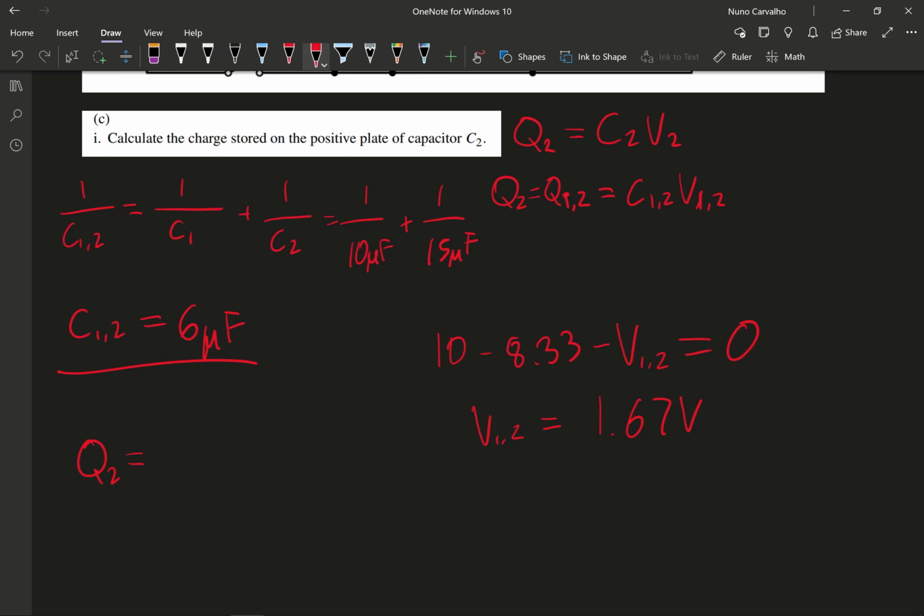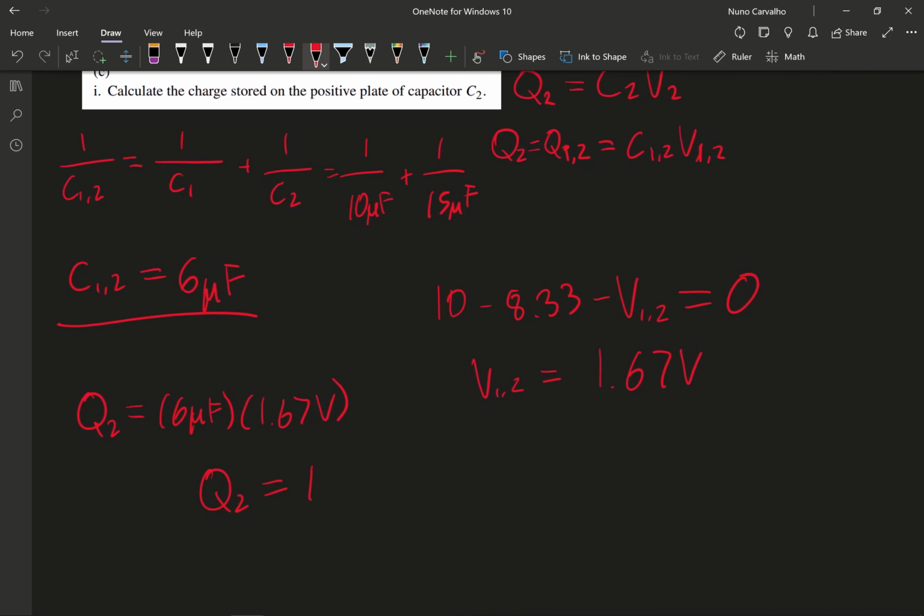We can say that Q2 is going to be equal to 6 microfarads times 1.67 volts. And then what you should get from this is that Q2 is going to equal 1 times 10 to the negative 5 coulombs, which I believe would be 10 microcoulombs. Yes. And so that should be your final answer.